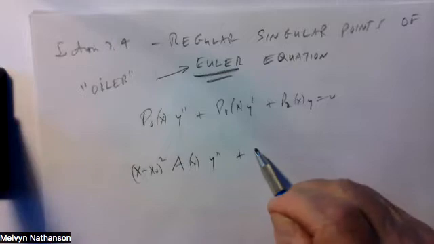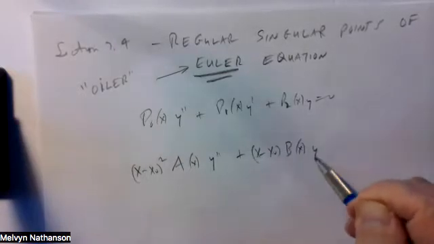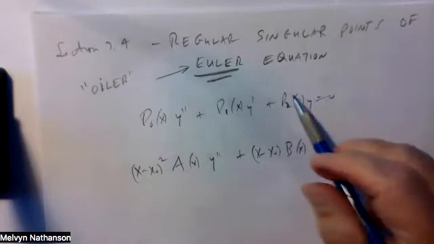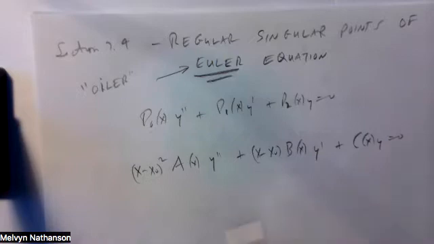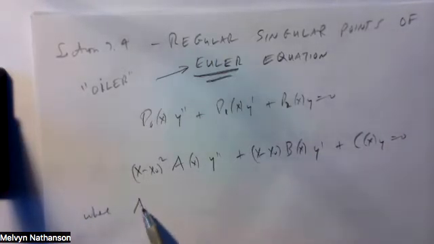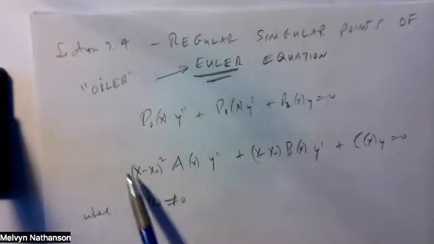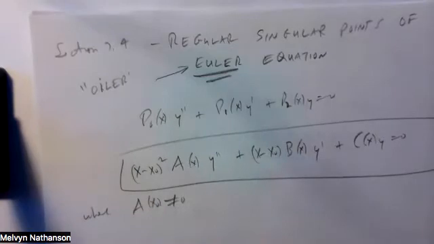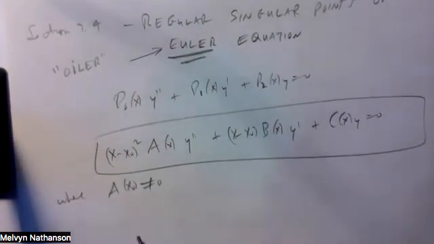P1 of x can be factored into x minus x naught times some polynomial b of x. And P2 is just another polynomial we'll call c of x, where a at x naught is not 0. So this is the type of differential equation we are considering.